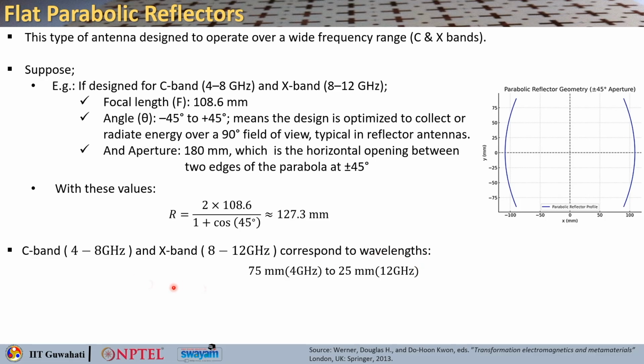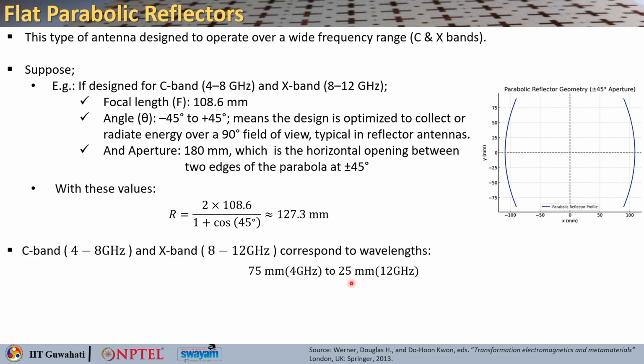So they basically correspond to wavelengths of typically 75 millimeter, which is for 4 gigahertz, and on the upper hand it will be like 25 millimeter for the case of 12 gigahertz. So typically from 25 mm, so this is basically the lower bound for the wavelength, because this is the higher bound of the frequency.